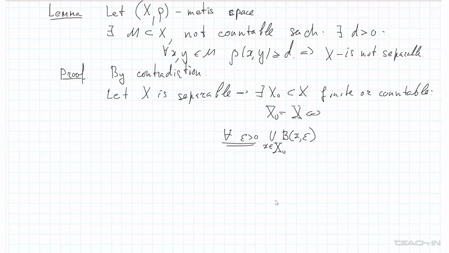It's X, because by definition of limit points, all these balls contain all limit points. As centers we have just the set X0, and we have all limit points. So it is just X; this is the closure.